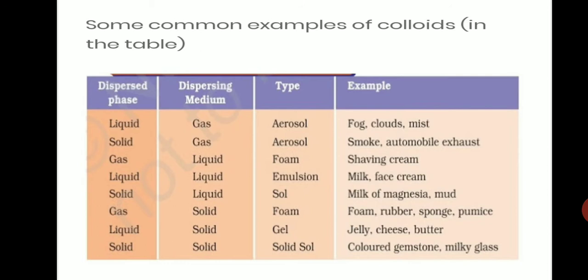When two different gases are mixed, they always form a homogeneous and not a heterogeneous mixture. So here we can find only 8 types of colloidal solution. Which are the 8 types? Liquid in gas, solid in gas, gas in liquid, liquid in liquid, solid in liquid, gas in solid, liquid in solid, solid in solid.